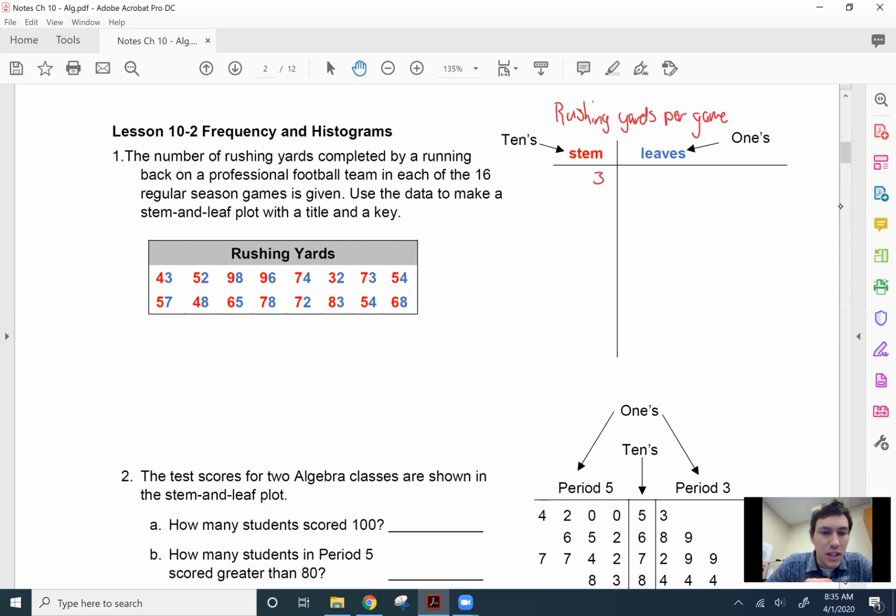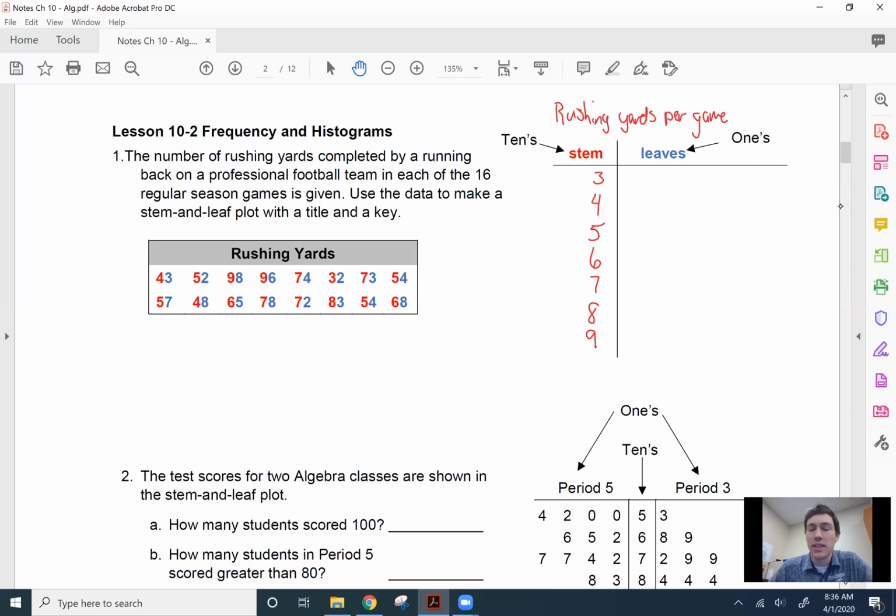So we have 3 and then 4, 5, 6, 7, 8, 9. Yeah, a couple good games. But no games over 100. Close. You had 98 here, but no games over 100.